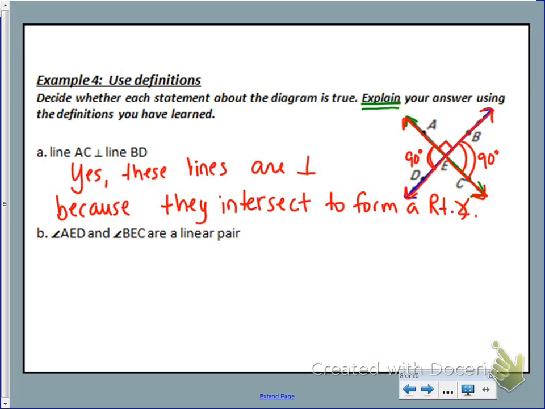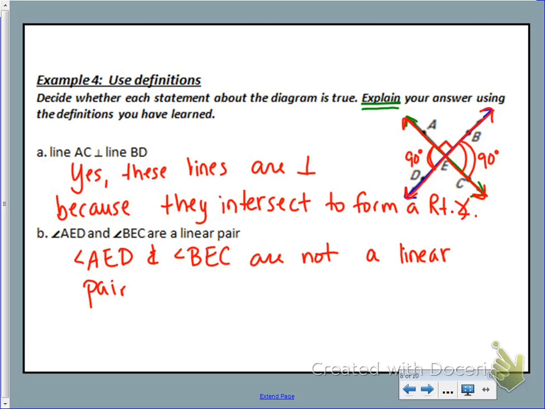But they are not a linear pair because they don't form a line. They are not adjacent. So they are not a linear pair, since they are not adjacent angles.